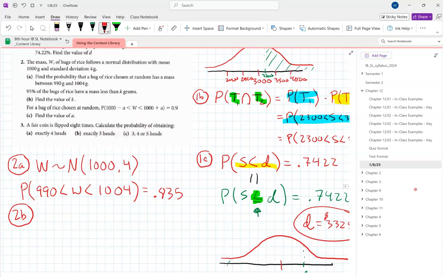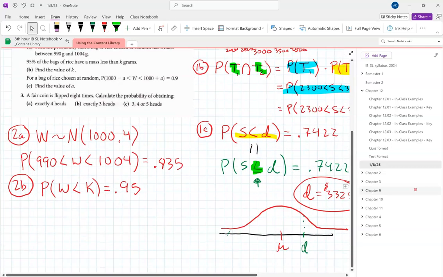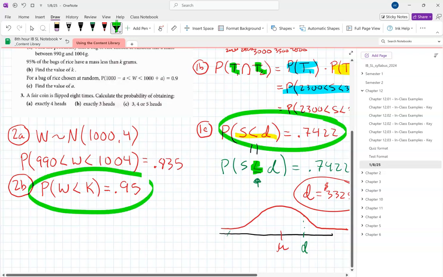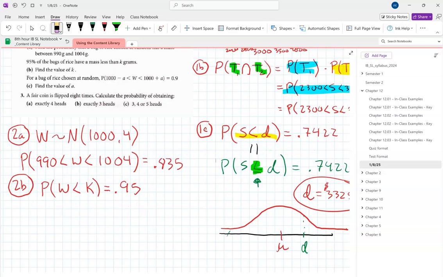It says then 95% of the bags of rice have a mass less than K grams. Find the value of K. So notice this looks exactly like the setup for this one, right? Excellent. That'll be easy to deal with then.